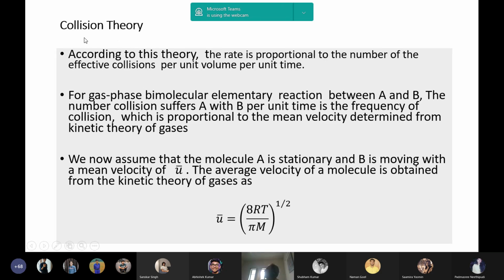Collision theory. I should not continue much today, as many things I have discussed. Better I will summarize this.